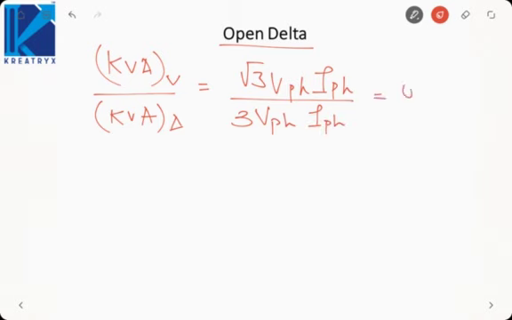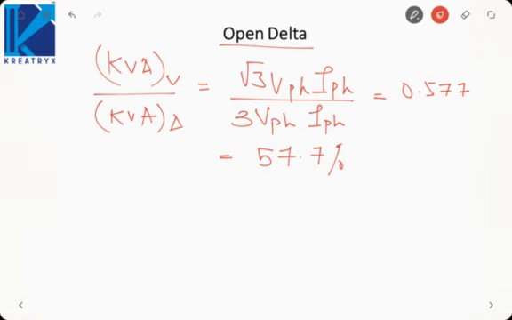So it is 0.577 or 57.7%. That is, if you disconnect one phase of the delta delta type of connection, still your transformer is not inoperational, but rather it delivers lesser power. It can deliver 57.7% of the power.